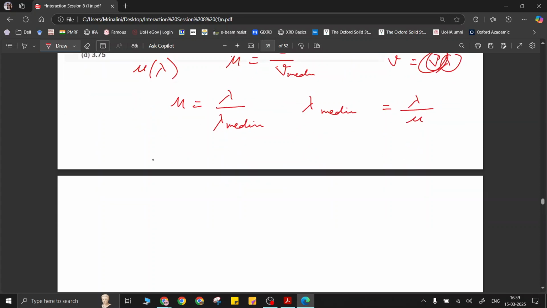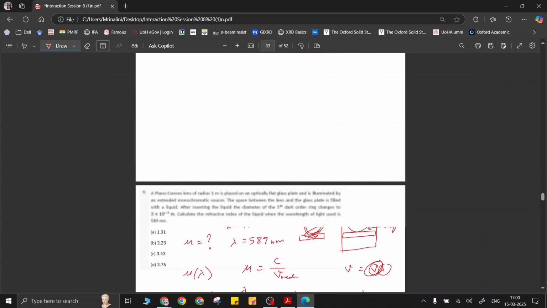Now we know the formula, n lambda R divided by mu, this formula we had got. If you recall, we had obtained 2t is equal to D n squared by 4R. The thickness depends like this. I'll show you just to recall what formula I'm talking about.